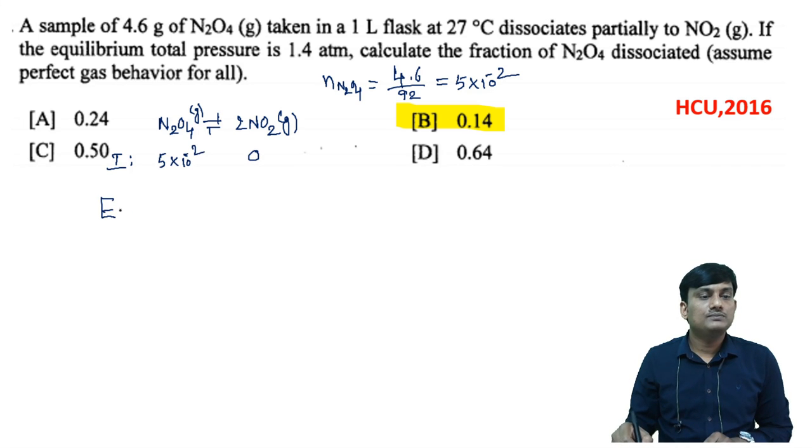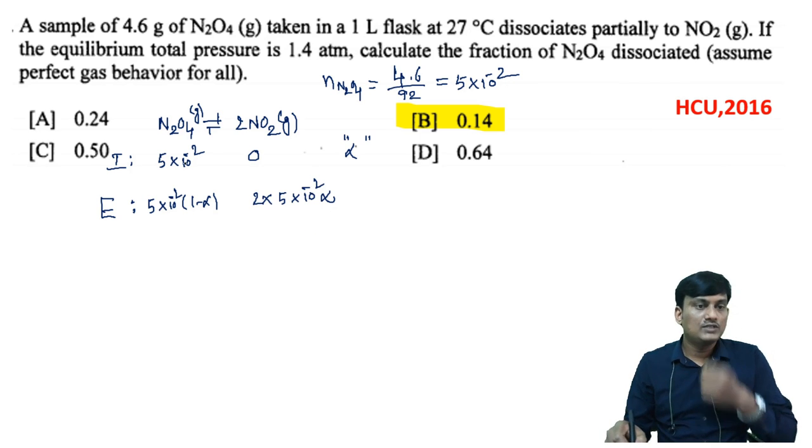At equilibrium, if the degree of dissociation is alpha, then the amount will be 5 × 10^-2 (1 - alpha) for N2O4, and 2 × 5 × 10^-2 alpha for NO2.